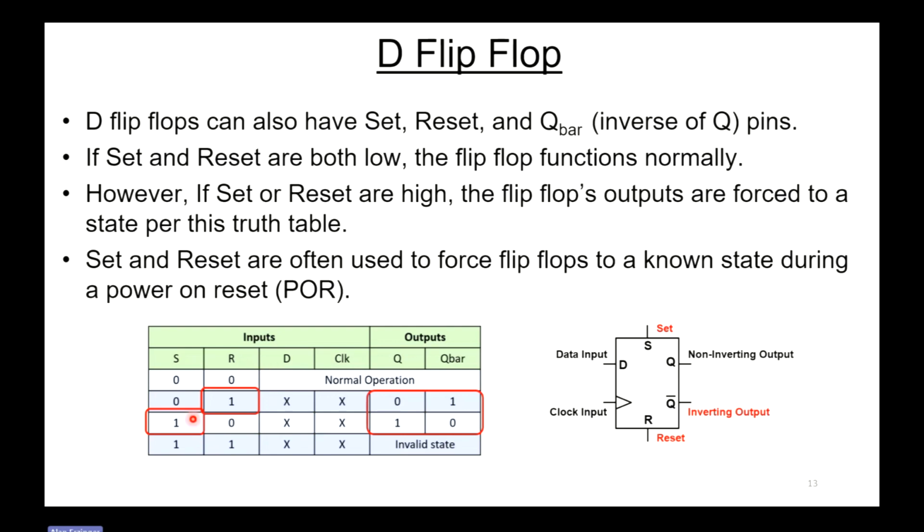So you can use the set or reset to actually force the output one way or the other. Using the set or reset pin is often used during power on reset, or POR, as it's commonly called, to force all the flip-flops into a known state. When you power up, you'd like all your memory bits to start out in a known state.